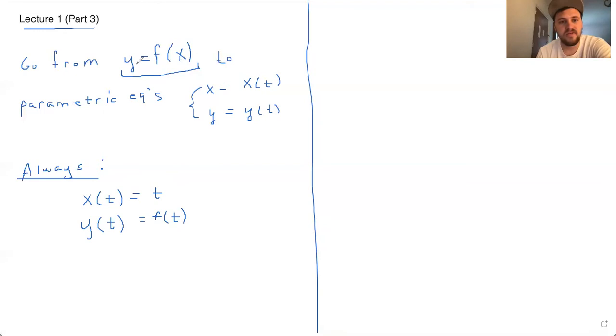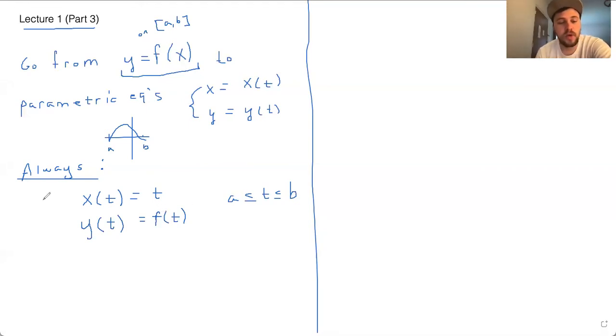And then if this function, y equals f of x, was, say, on the interval a to b, again, maybe I'll draw it. We have some y equals f of x from a to b. Well, if x and t are the same, that gives us nice bounds for our parameterization, namely a and b.